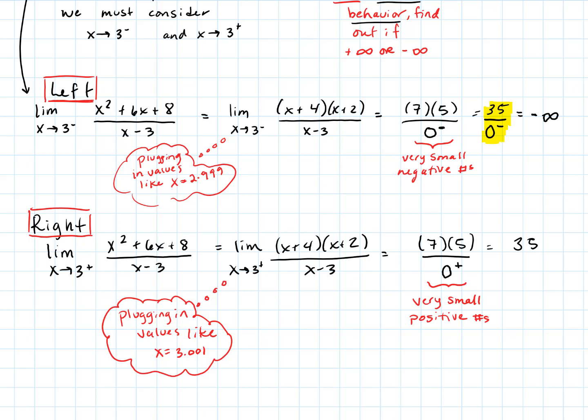They get smaller and smaller, in fact infinitely small. So we still have that 35, but this time we're dividing by something approaching 0 from the right, very small in a positive way. When you take 35 and divide by a very tiny positive number, you grow without bound, which means our value there is infinity.